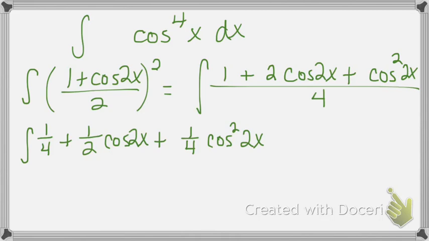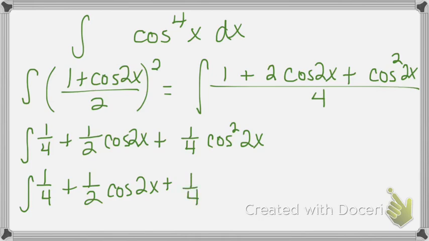I can do each of those separately except for the last one. So what we're going to have to do on the last one is change it again. And since it's already a 2x, we're going to make that a 4x when we put it in there.